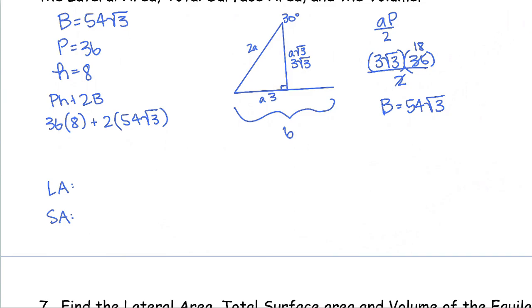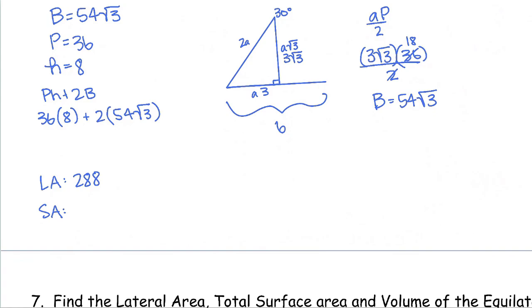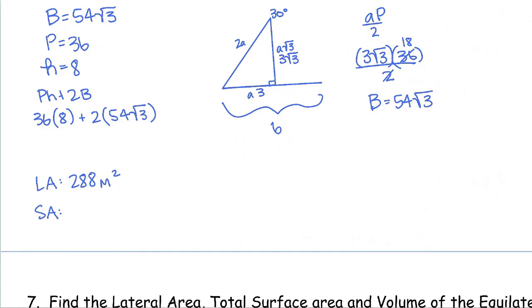All right, so the first part, 36 times 8, is going to give us 288. And this is meters. And I know I have that root 3 at the end, and it's not going to combine. So I'm going to go ahead and leave this as 288 plus 108 square root 3 meters squared.